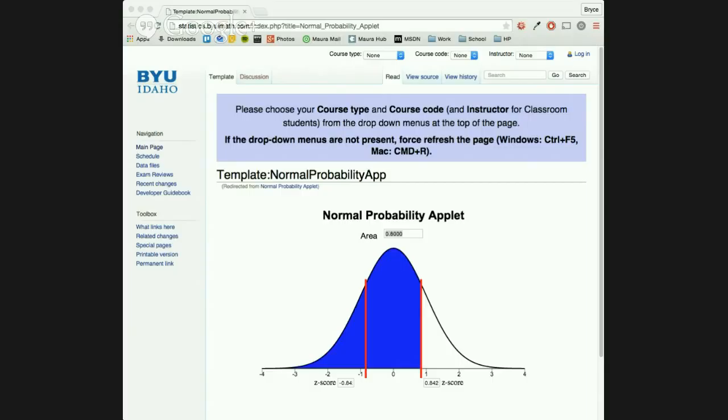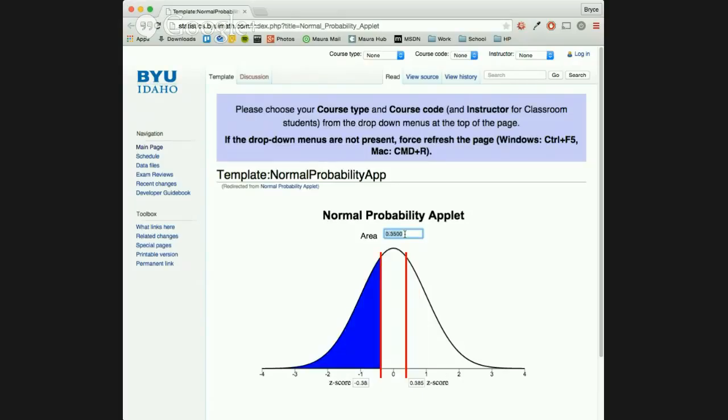Then type the number 0.9 into the box at the top of the applet and press enter. So if we put in our 0.35 in here, it automatically is going to ignore the lower because it's below 50%. So that one I'm pretty sure is right.